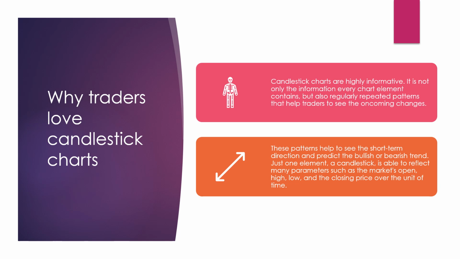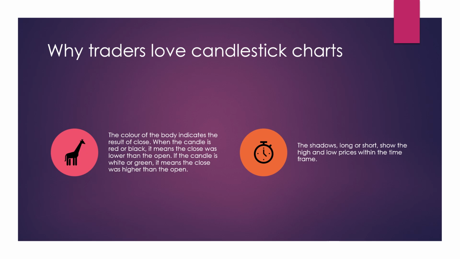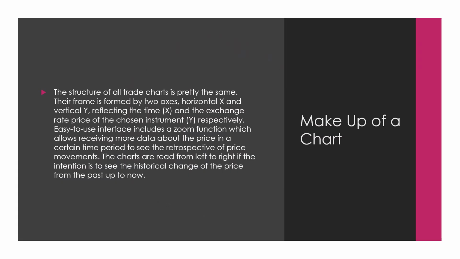Just one element, a candlestick, is able to reflect many parameters, such as the market's open, high, low, and close, and then in respect to the previous candles. The color of the body indicates the result of the close. The shadows, long or short, show the high and the low prices within that same time frame.